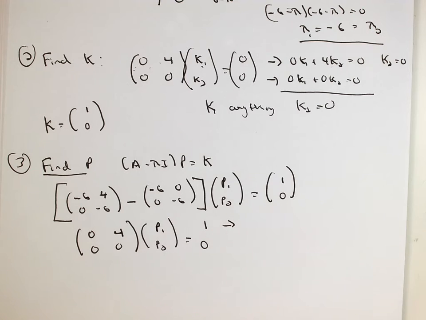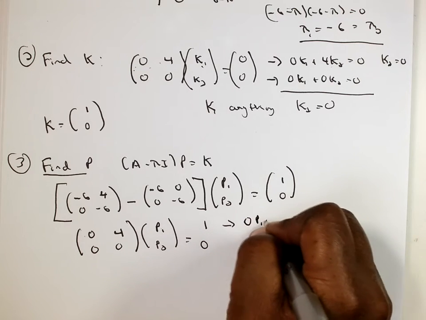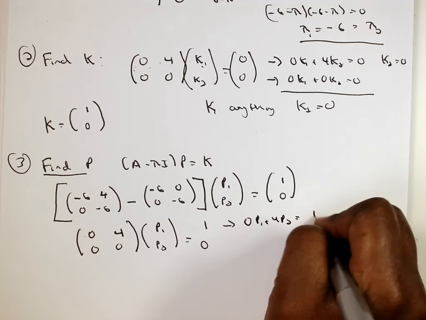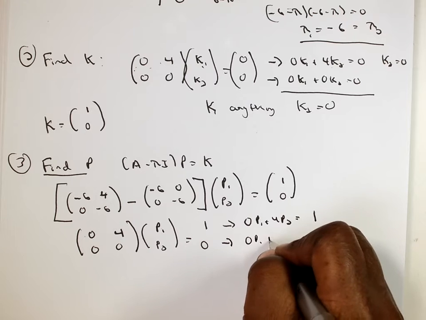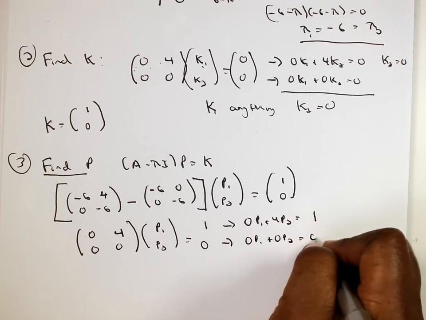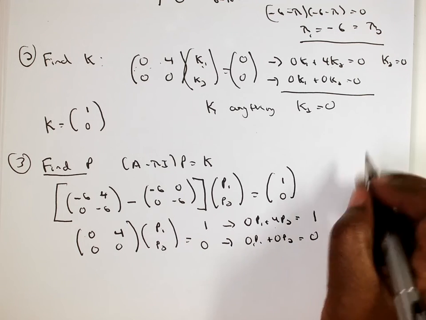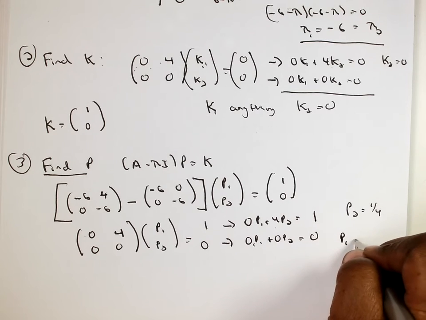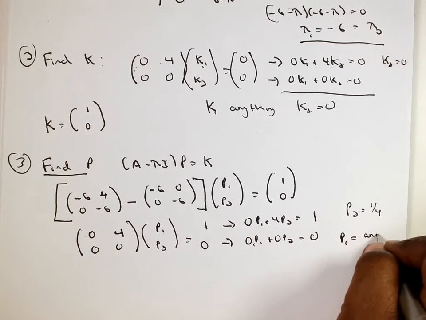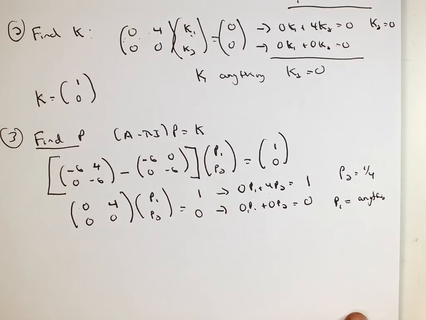So do our matrix multiplication. I get 0 times p1 plus 4 times p2 is equal to 1. And I get all zeros for the second one. So 4p2 is equal to 1. p2 is equal to 1/4. p1 could be anything, because I have that row of all zeros, so we know it's an infinite solution.